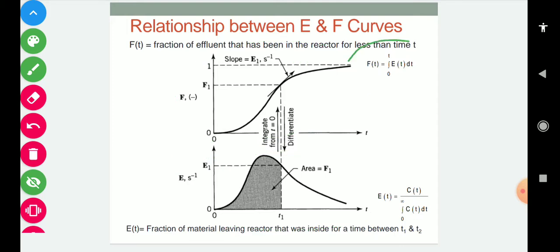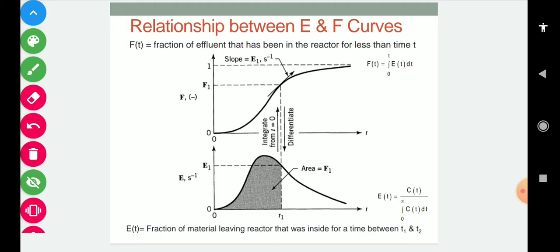So this F(t) can be calculated with the help of integrating this E curve. If you want to calculate the amount of material that spent time less than t, then you have to integrate between 0 to t. And this E(t) can be calculated with the help of this formula.